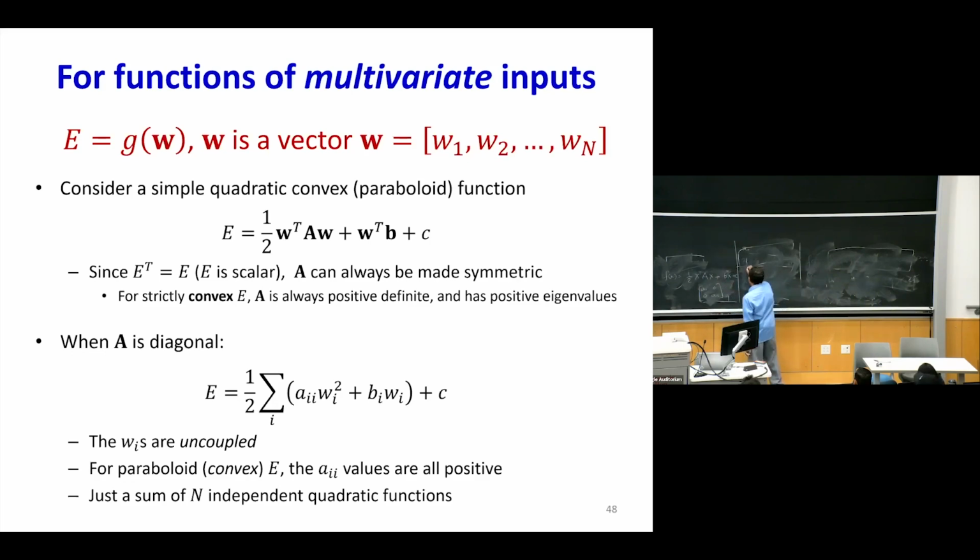So this is going to be half of x1, x2, times A11, 0, 0, A22, times x1, x2, plus b1, b2 times x1, x2, plus c. This would be my quadratic, correct?